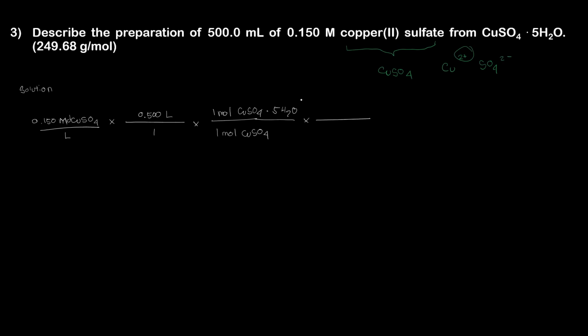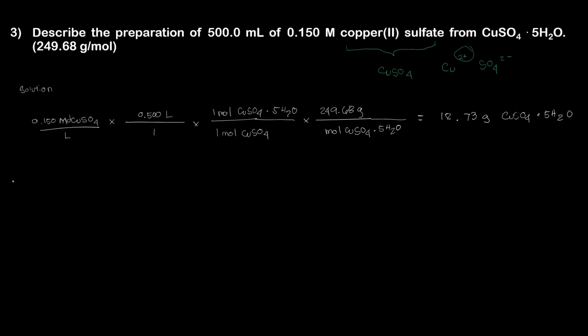Then, using the molar mass given, 249.68 grams per mole of CuSO4·5H2O, solving through your calculator, this is 18.73 grams of CuSO4·5H2O.